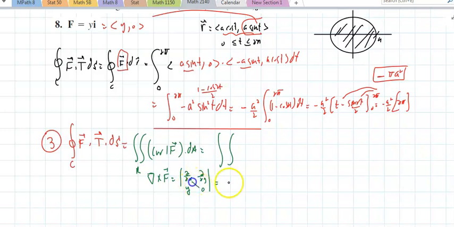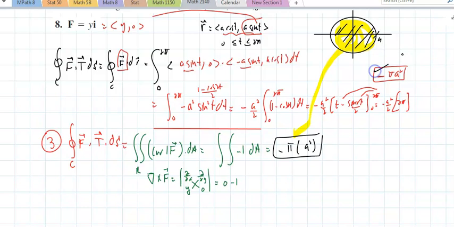That would simply be 0 minus the partial of y, that's a 1, so minus 1. Isn't that negative 1 dA? And hey, what's the area of that circle? Isn't that pi times a squared? Look at that. I don't even need to do any of that work. Isn't that awesome?